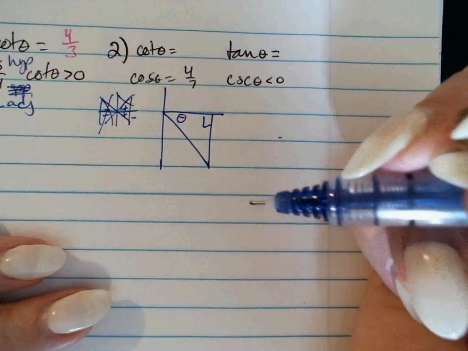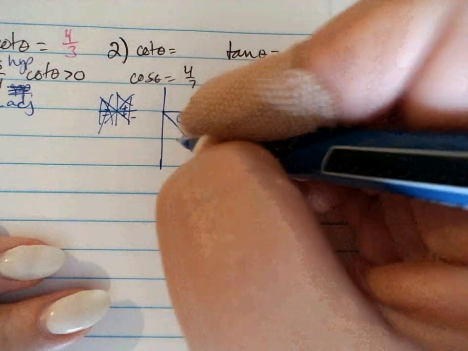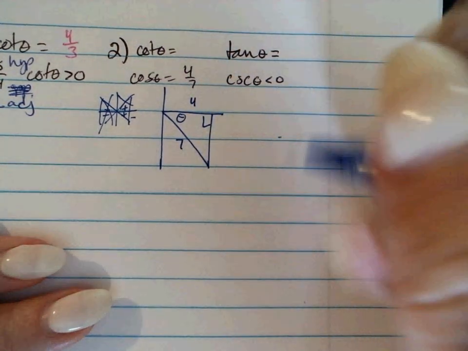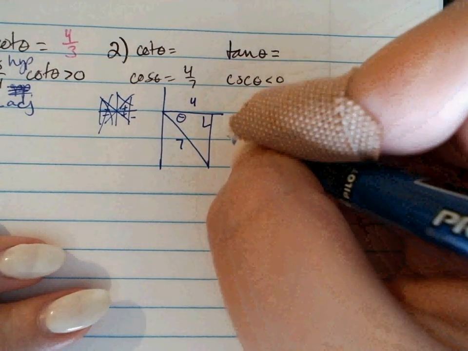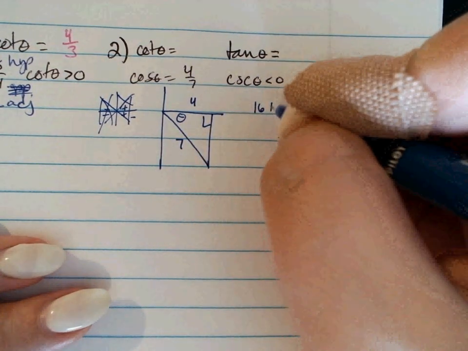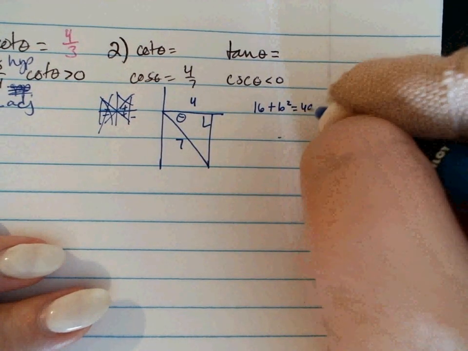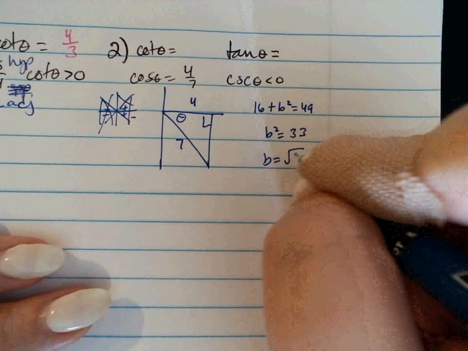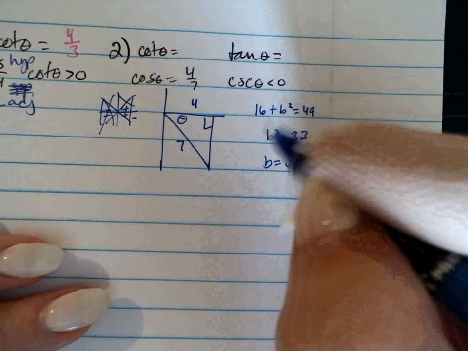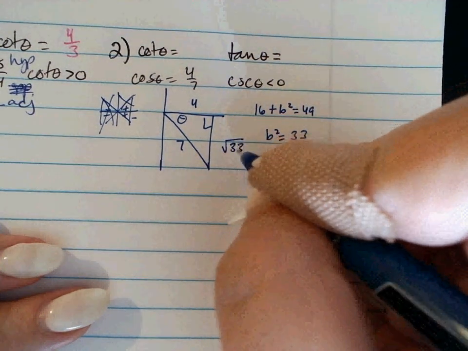Cosine is a positive 4/7. And the Pythagorean theorem says that a squared plus b squared equals c squared. So 16 plus b squared equals 49, which means b squared equals 33, which means b equals the square root of 33, plus or minus, and in this case it is going to be the minus because we are going down the y-axis.